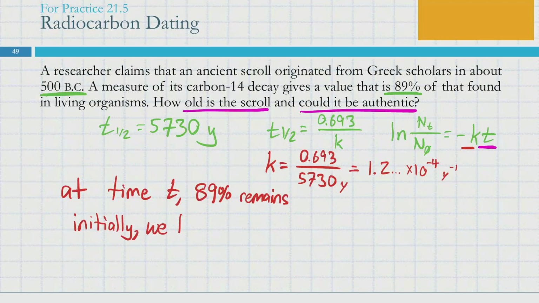So initially we had, and by we had I mean the scroll had, 100%. So 89% will go in this Nt spot, 100% goes in the N0 spot.